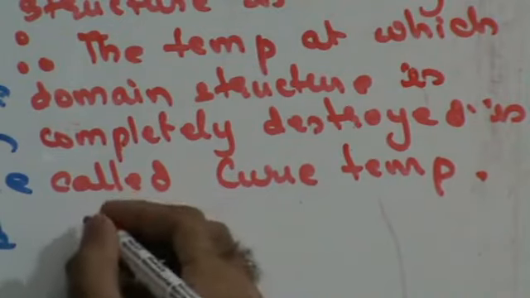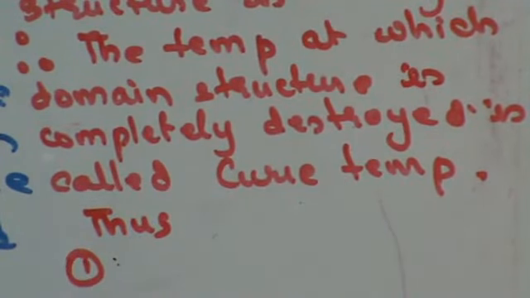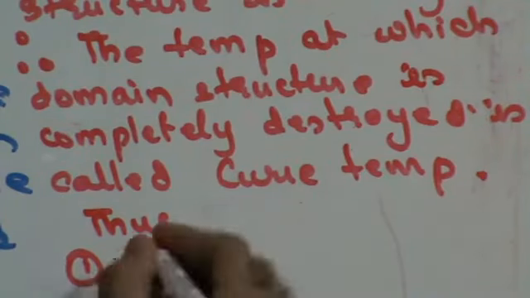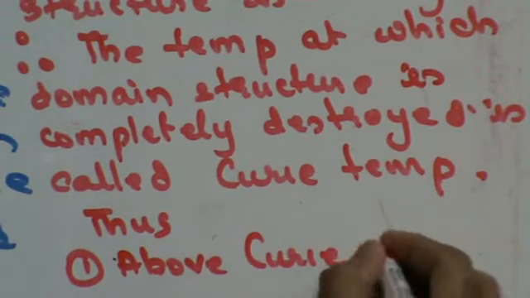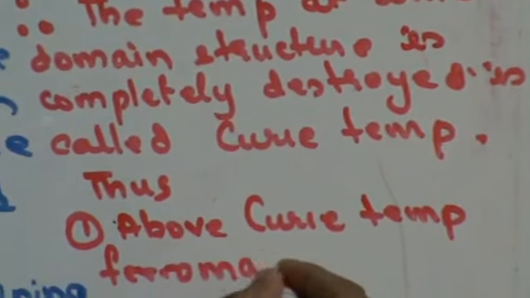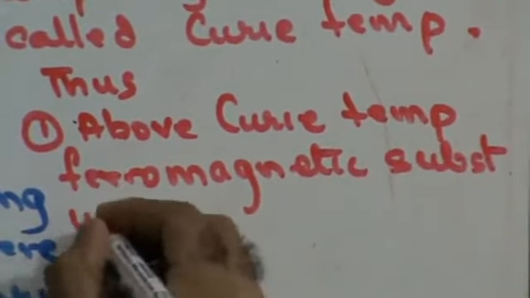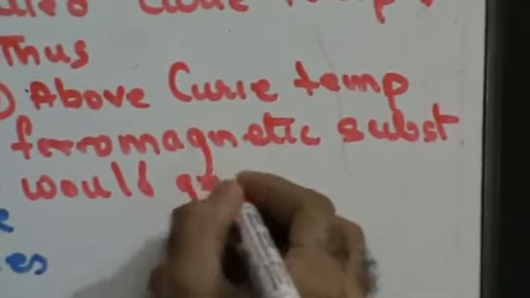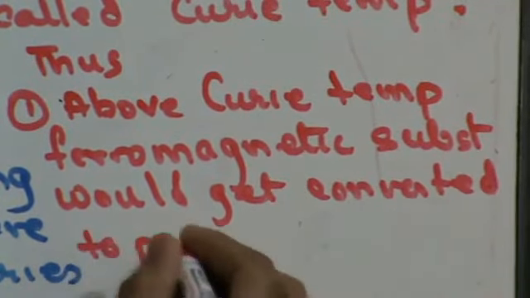Thus, what happens at Curie temperature? Point number 1. Above Curie temperature, the ferromagnetic substance would get converted to paramagnetic substance.